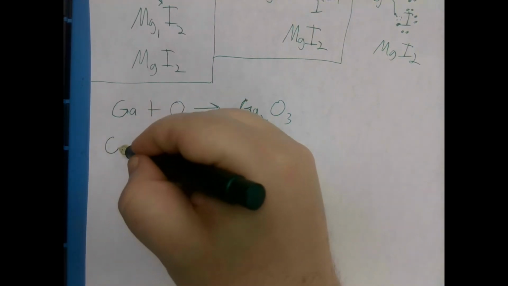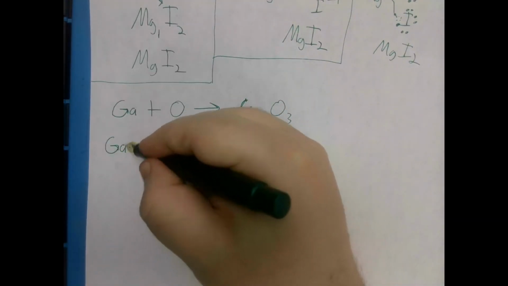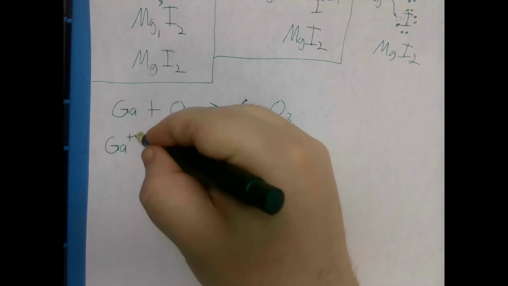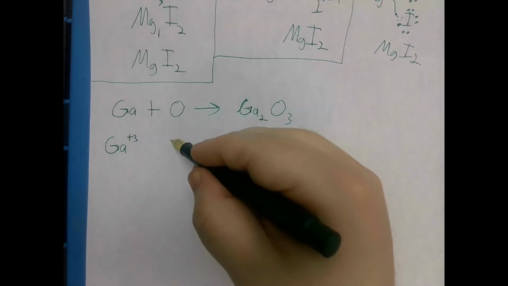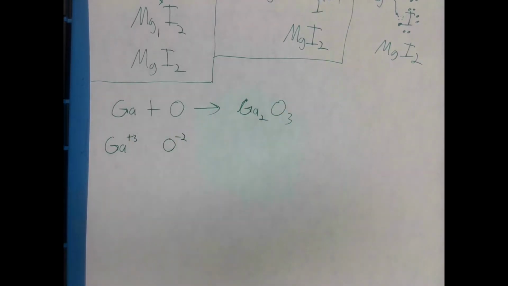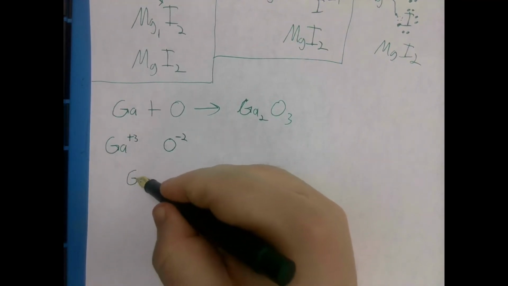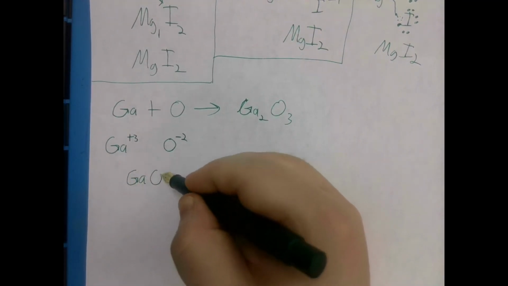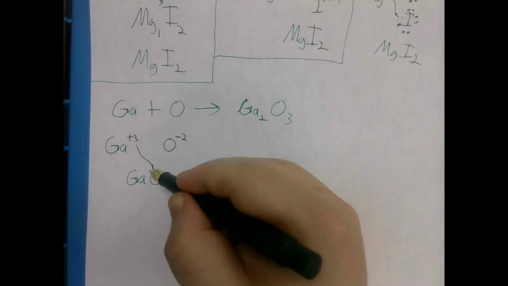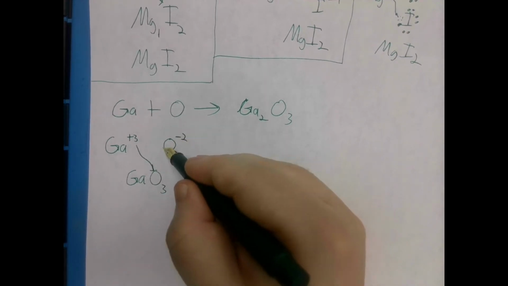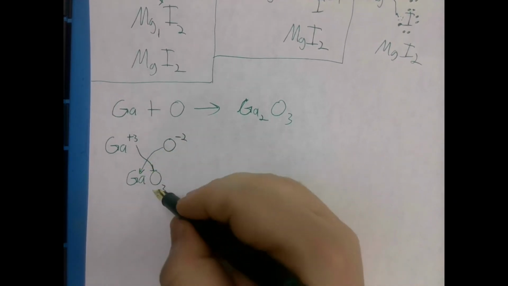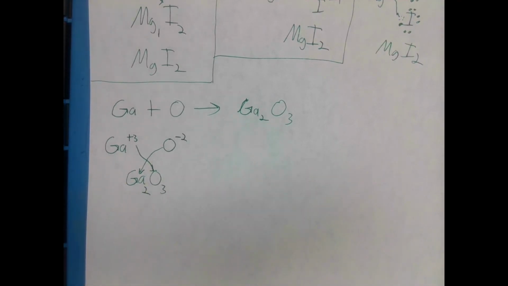So gallium gets a plus 3 charge. Oxygen gets a negative 2 charge. So if you're doing the crisscross method, the 3 is going to come to the oxygen. The 2 is going to come over here to the gallium and become Ga2O3.